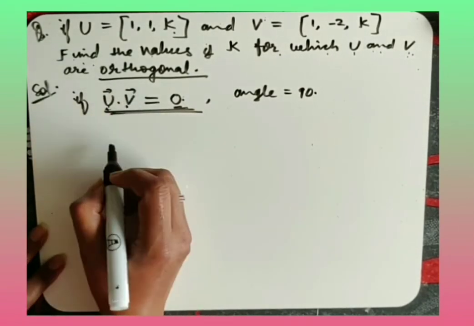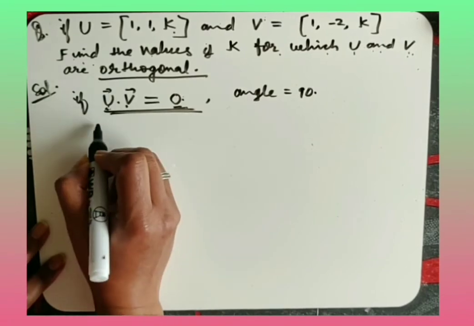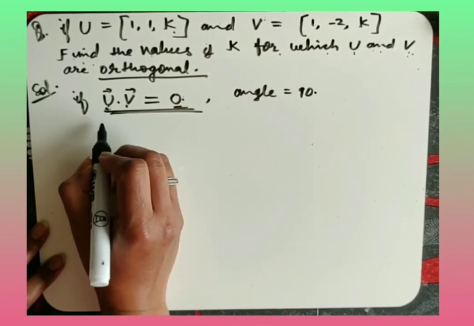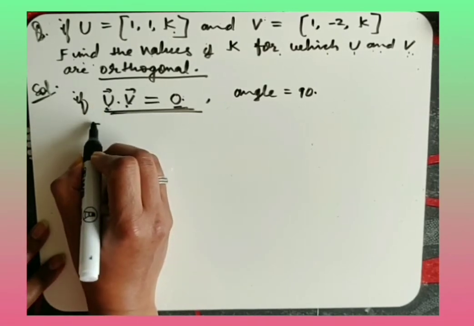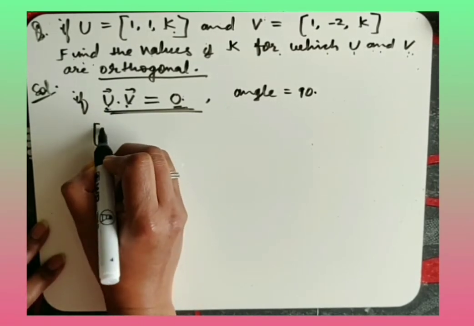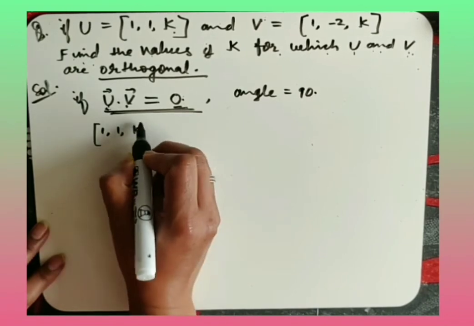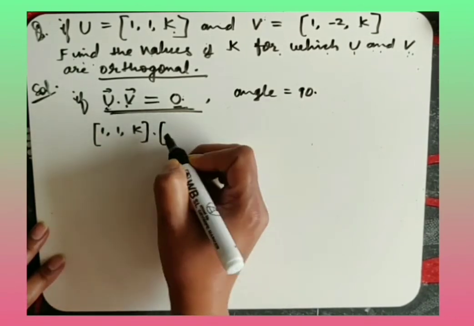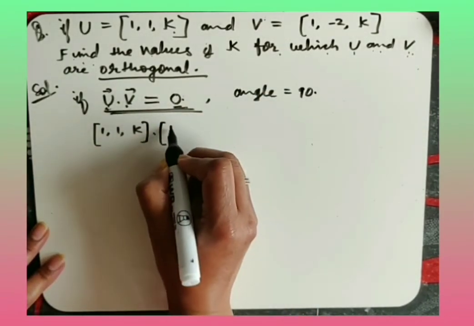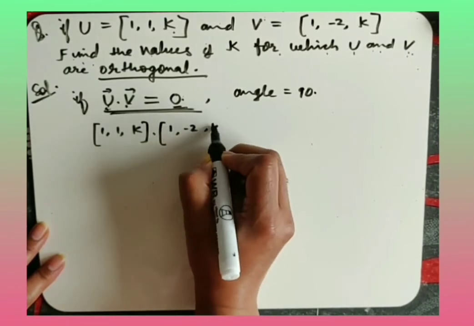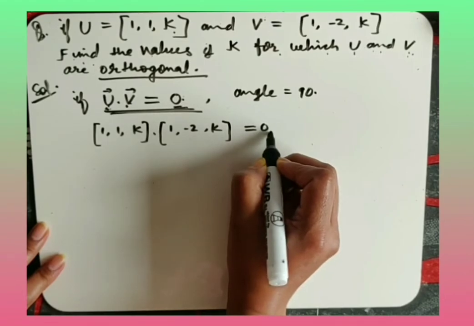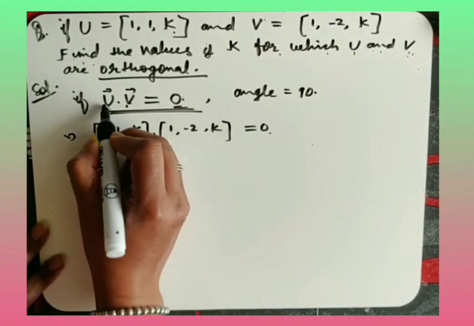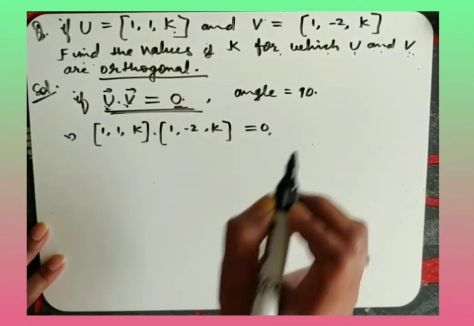How to find u dot v? We have two vectors, (1, 1, k) and (1, -2, k), and these two vectors are orthogonal, so the dot product will be equal to 0.